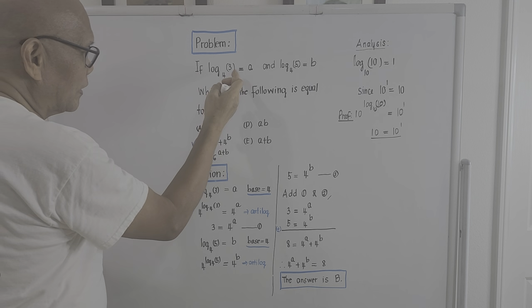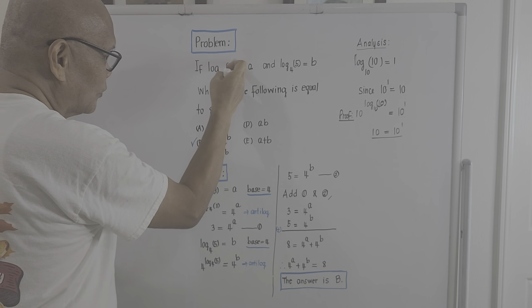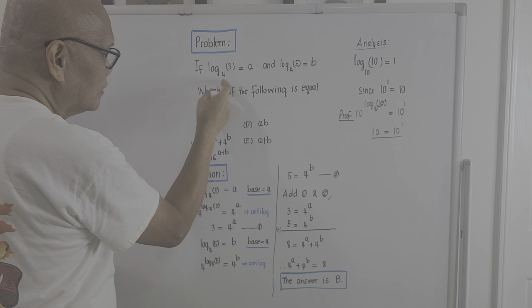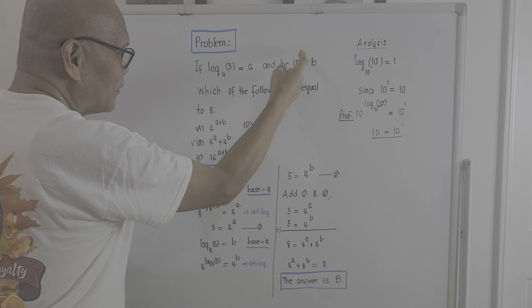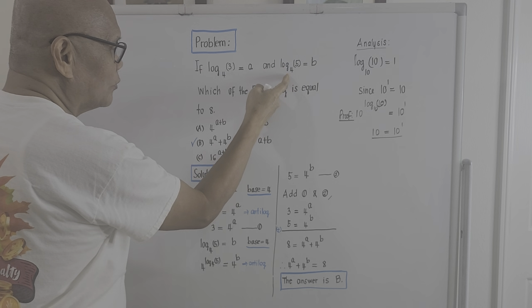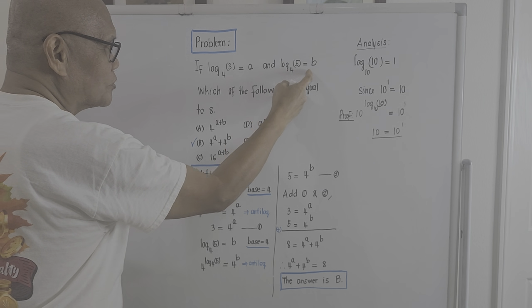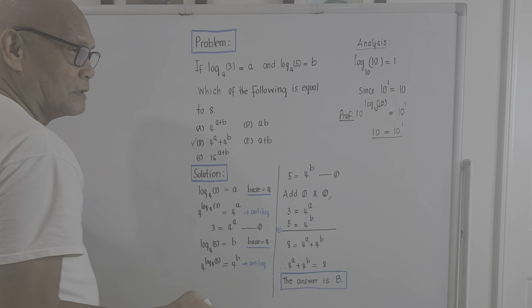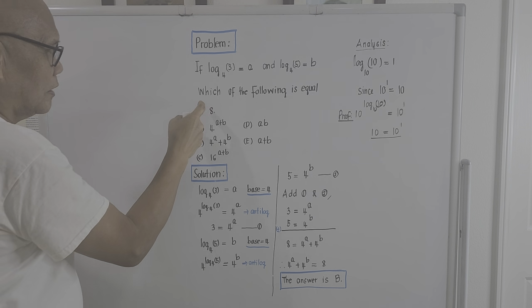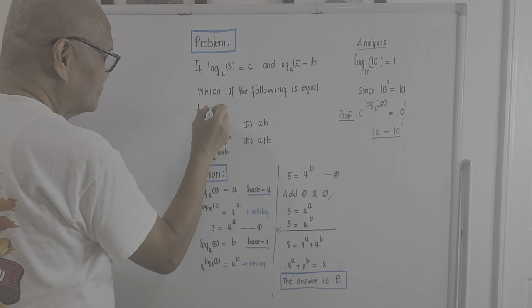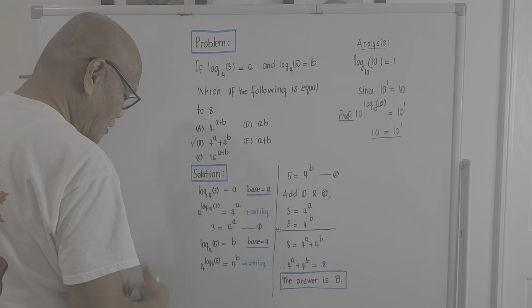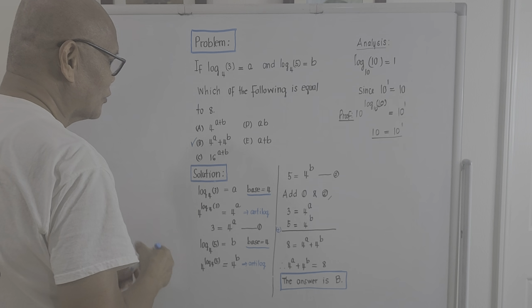If the logarithm of 3 with the base of 4 is equal to a, and the logarithm of 5, again with the base of 4, is equal to a small letter b, which of the following is equal to 8? The problem is asking which of the following is equal to 8.